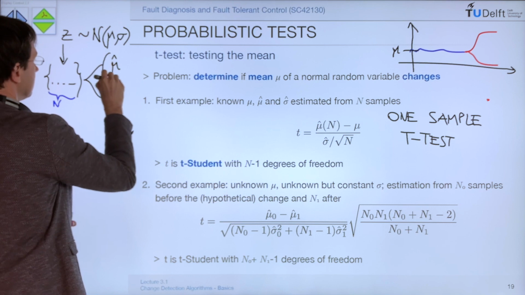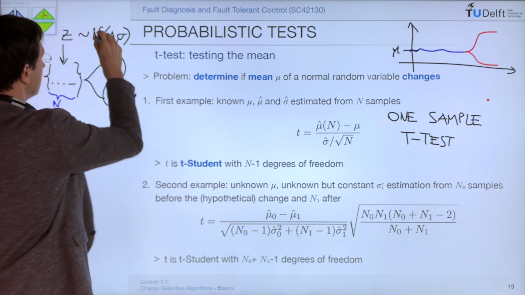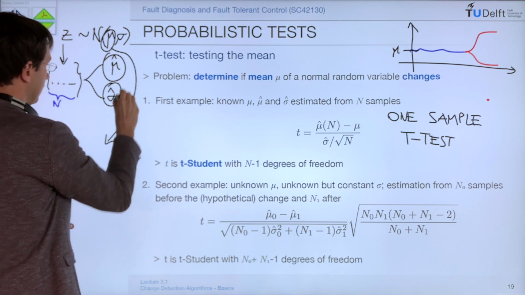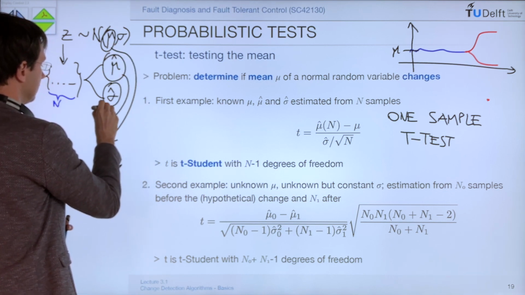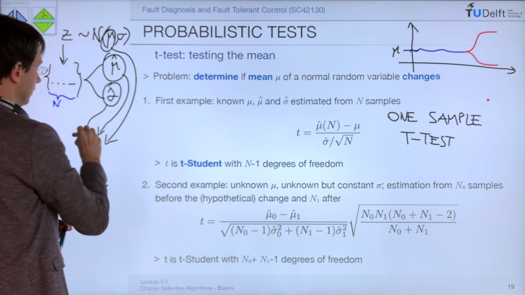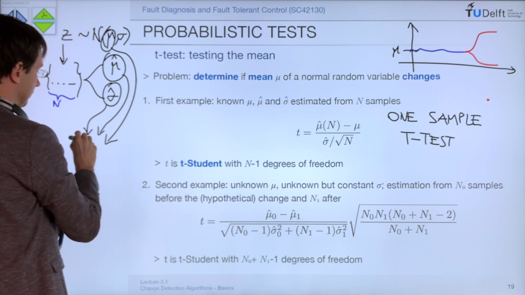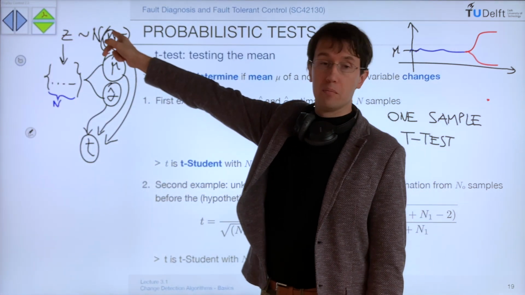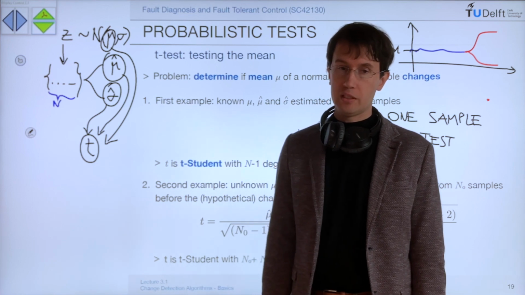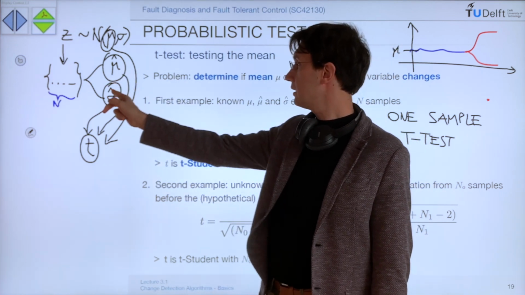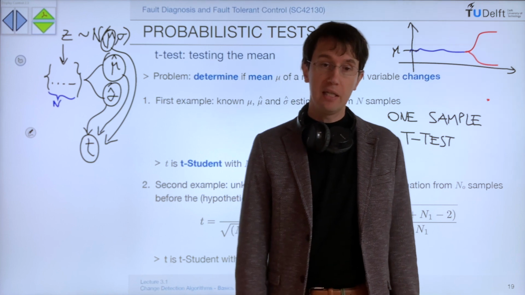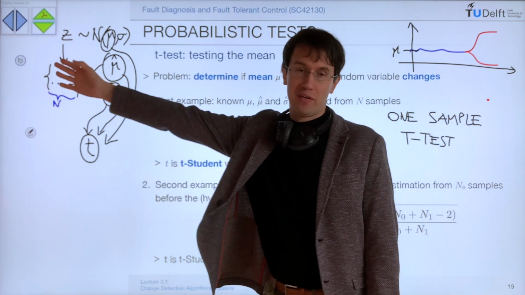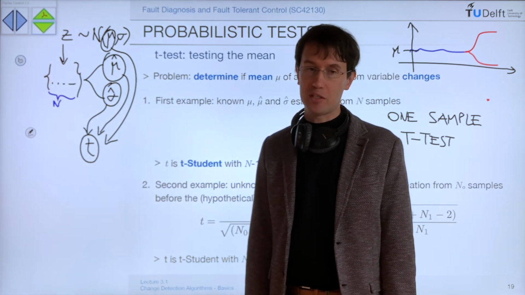So taking these and mu, the nominal one, and using the formula that we have there, you compute T. So the nominal mu is a deterministic quantity, we know it, but mu hat, sigma hat, and T are random variables because we compute them over a set of samples, so they are influenced by measurement noise.